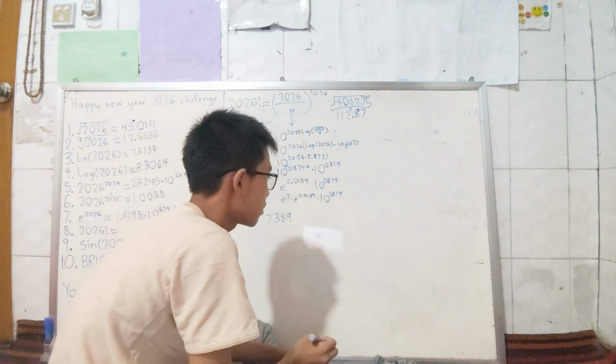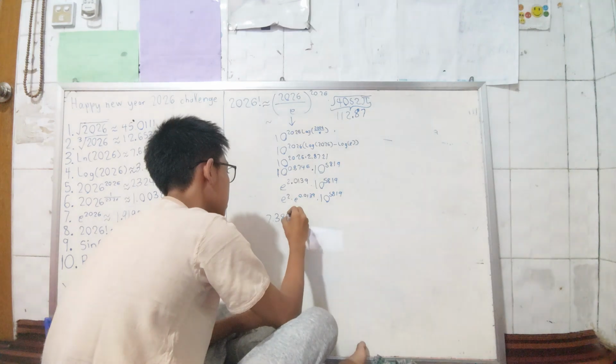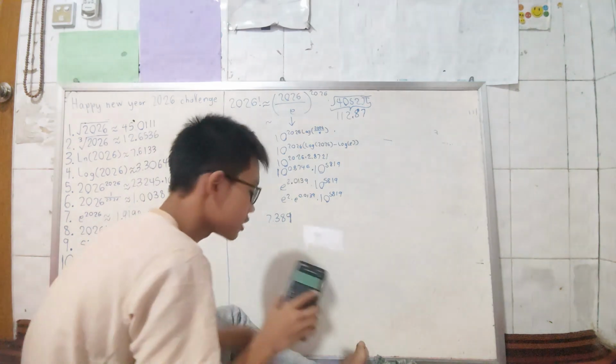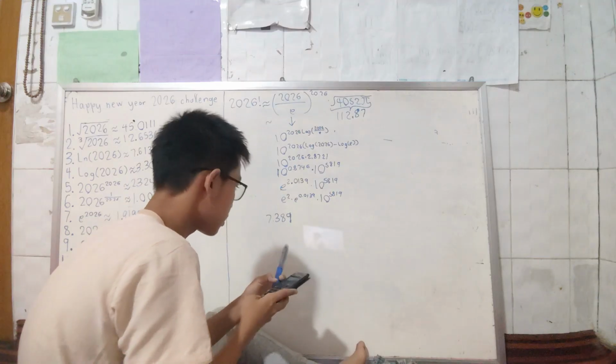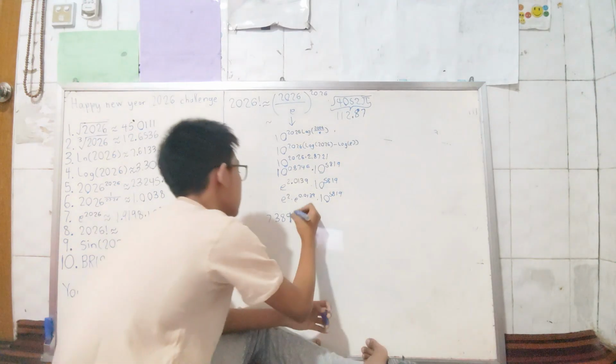That's going to be our approximation. That's going to be all my approximations of e squared. So that's going to be 0.389. So yeah, it's correct.